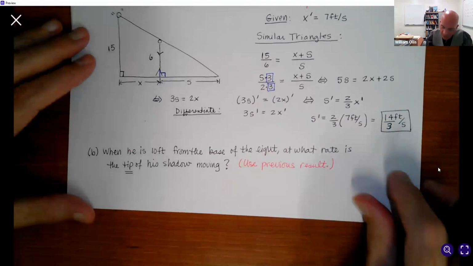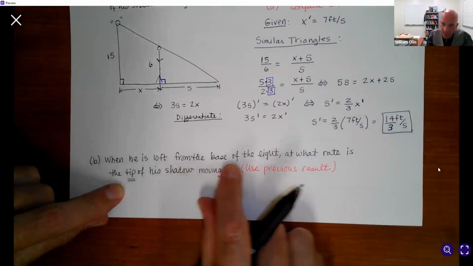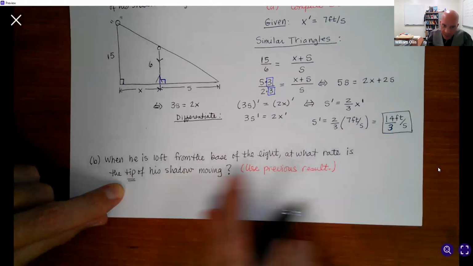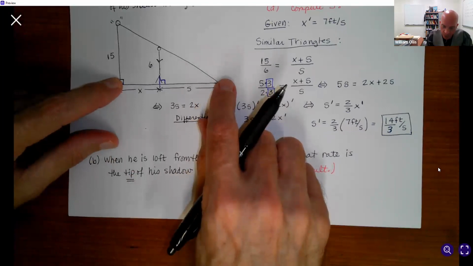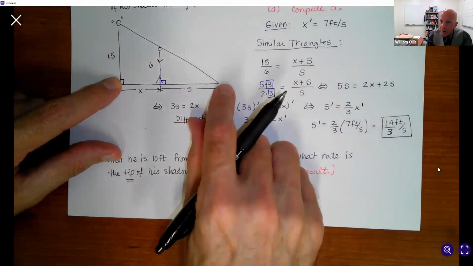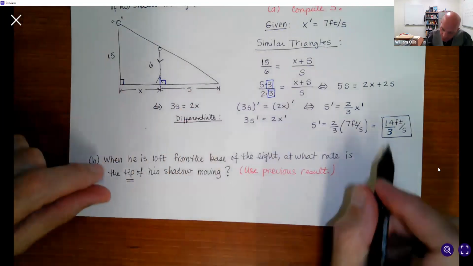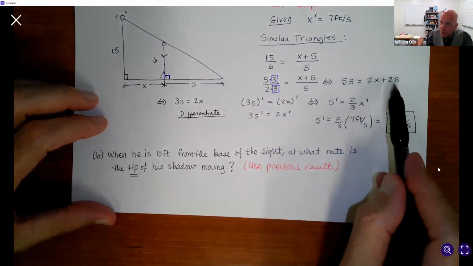So now, part B just says, when he is 10 feet from the base of the light, at what rate is the tip of his shadow moving? So basically, we want to see how this entire distance is changing relative to time. So x plus s prime is what we need. And you're thinking we kind of had that over here, but not quite.